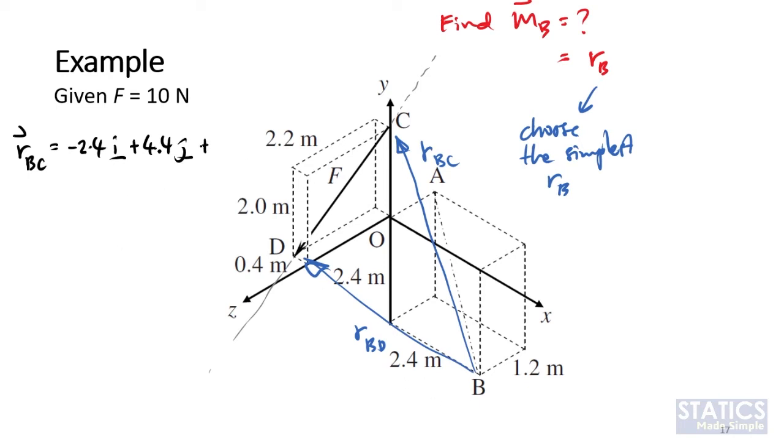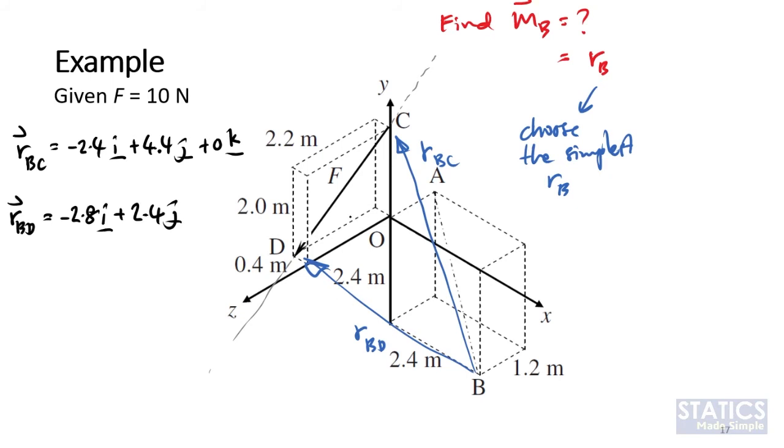For RBD, our vector is again minus 2.8 I, since 2.4 plus 0.4 is 2.8. Along the y-axis, it is 2.4 J.